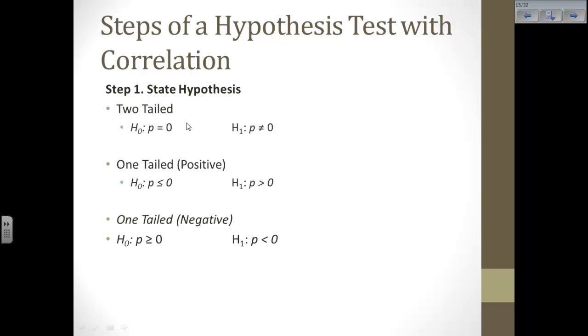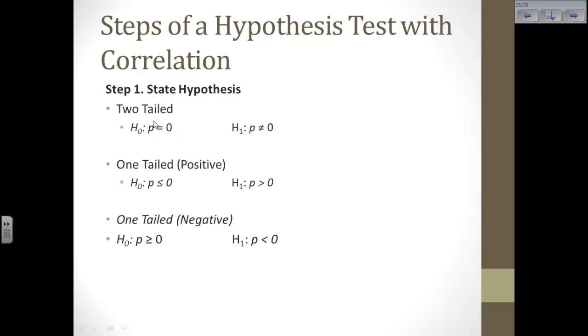Two-tailed test. And what these symbols mean: the null hypothesis represents the population correlation. The way you could read this out in words is that the true population correlation implied by the sample is 0. In other words, remember, the closer to 0 your correlation gets, the weaker the relationship.